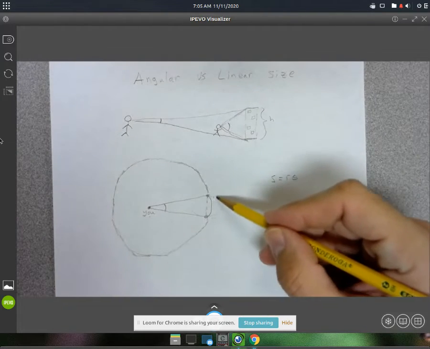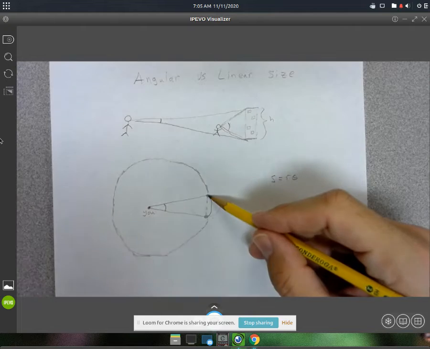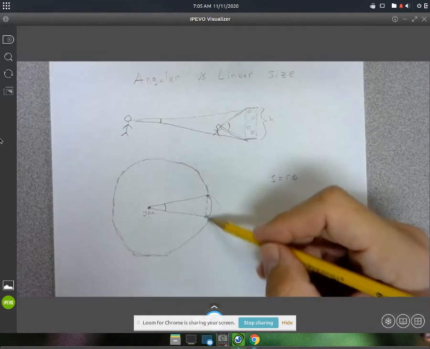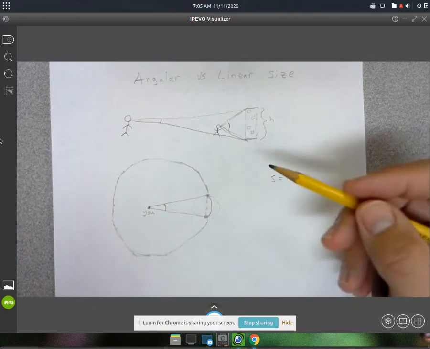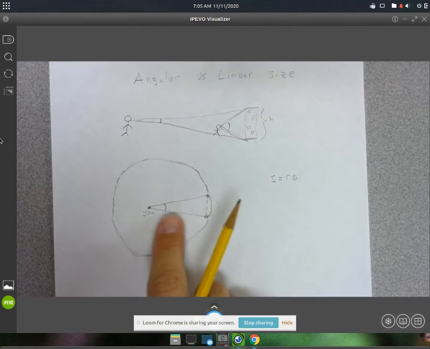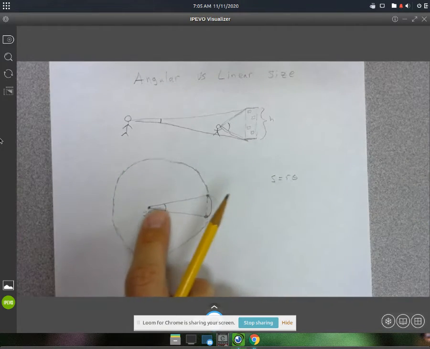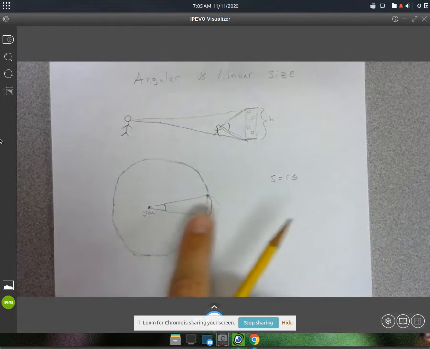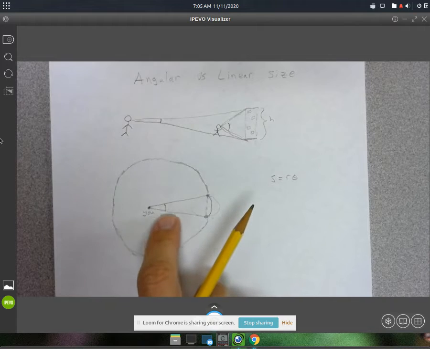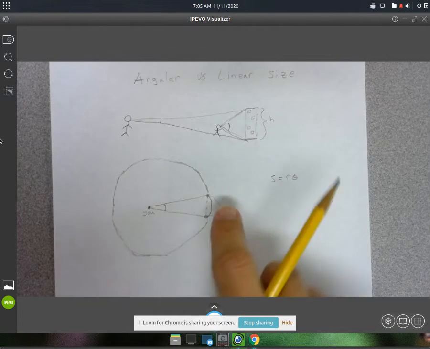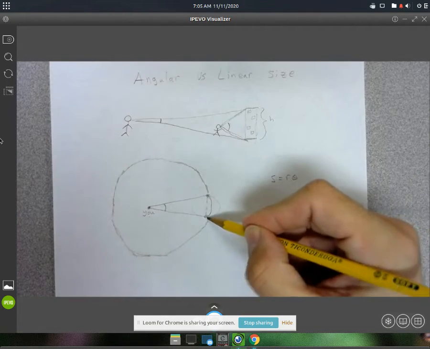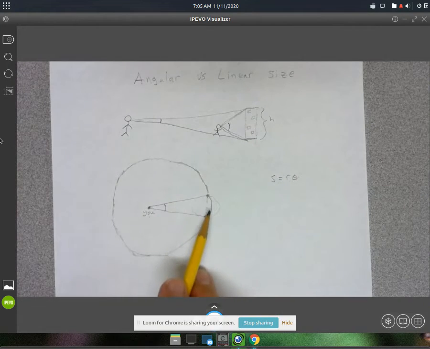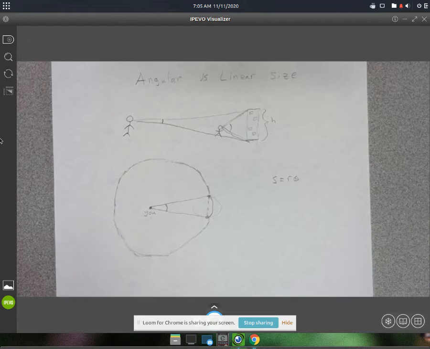And that arc length supposedly measures the approximate diameter of that object. You're thinking of the distance that you are from the object as the radius, and the angle that's created between you and its top and bottom is your theta here. We use that to measure the diameter of that object.